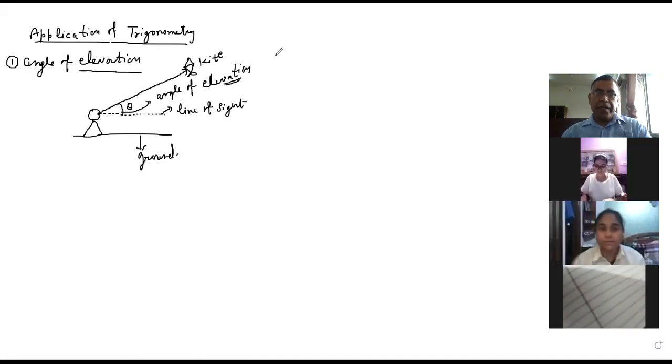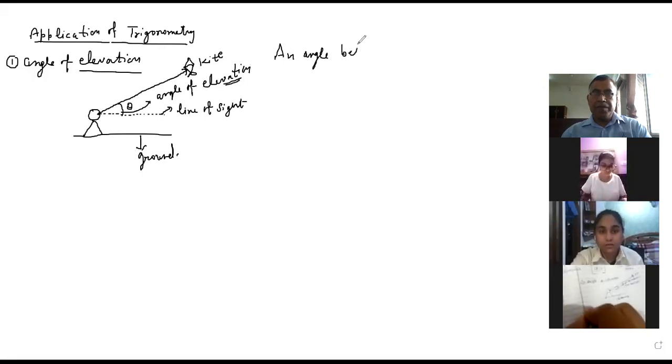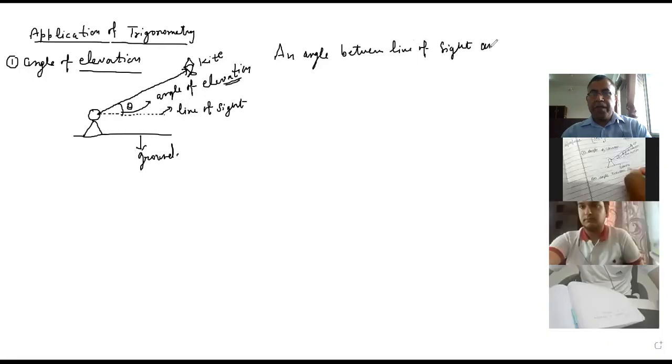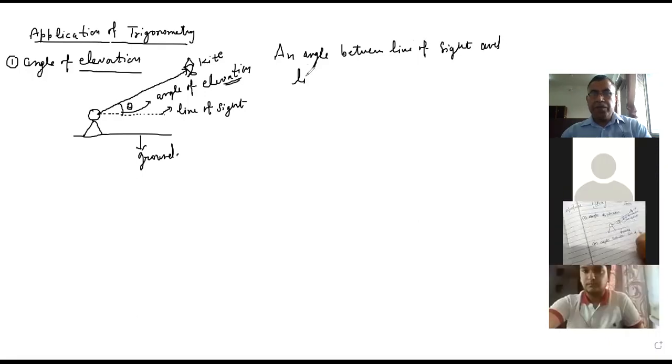क्लियर? सो एन एंगल बिटवीन लाइन ऑफ साइट एंड लाइन ऑफ ऑब्जेक्ट.